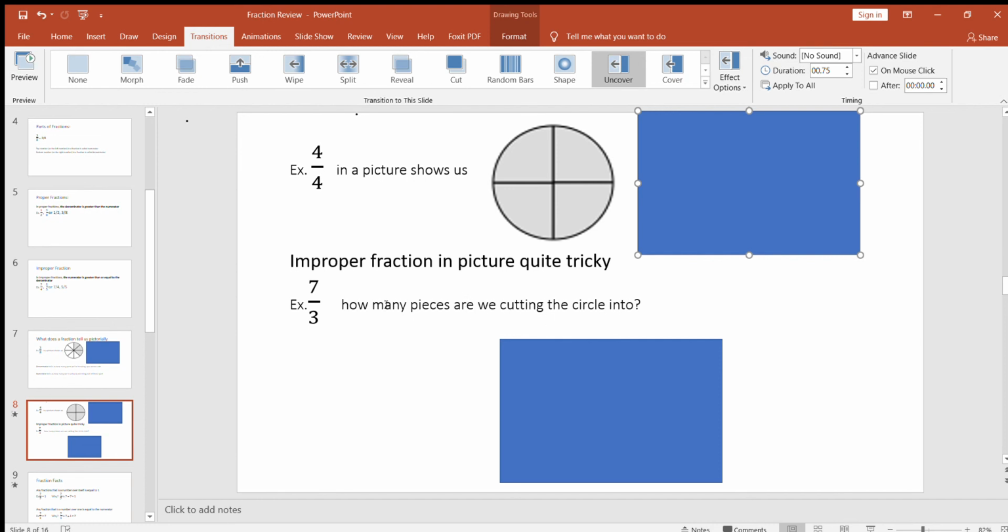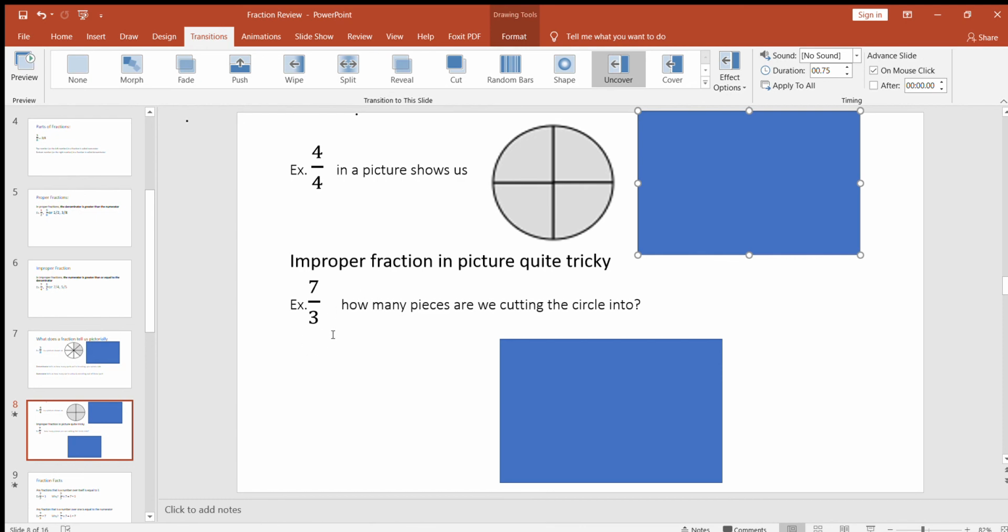Some of you might say 7, some of you might say 3. But what's the correct answer? 3. Why? Because that's the denominator. The denominator always tells us that we're going to cut that pizza into 3 slices. Not 7. The 7 tells us how many we're selecting.